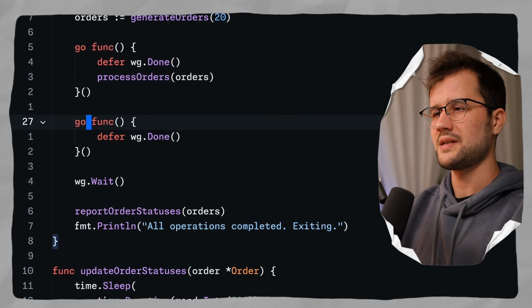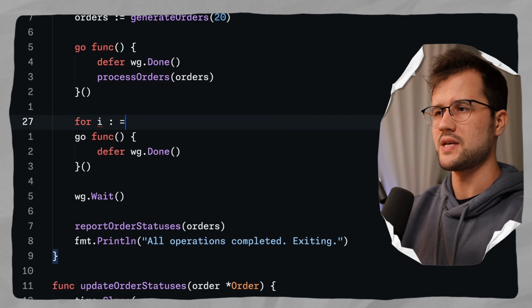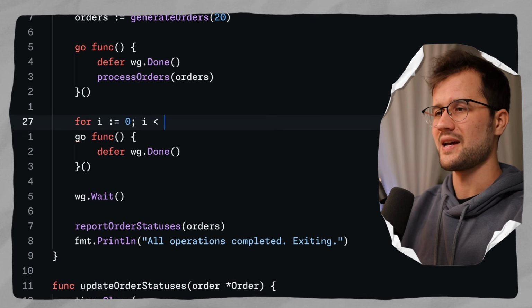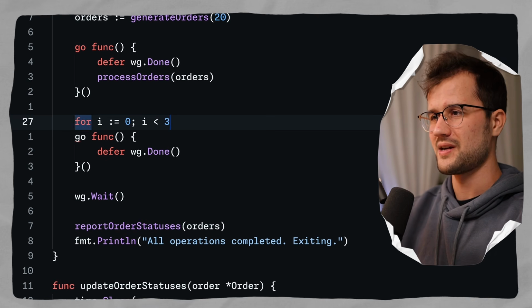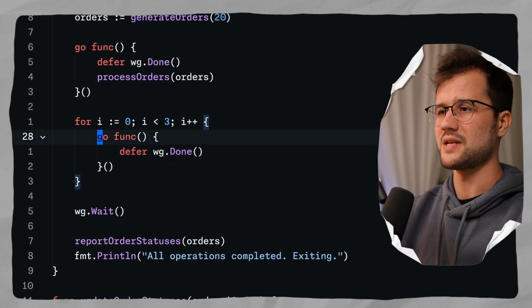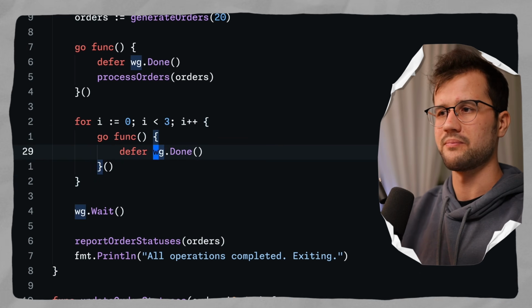And maybe I do want to have 3 workers, right? They are called workers. And I'm going to make a separate video about worker pools and all that funny stuff. But we are going to keep it simple here and just create 3 Goroutines that are going to process one order at a time, right?